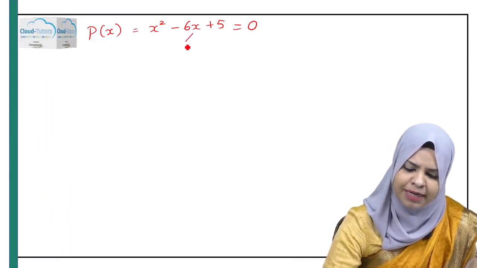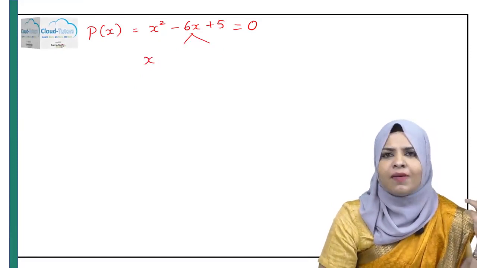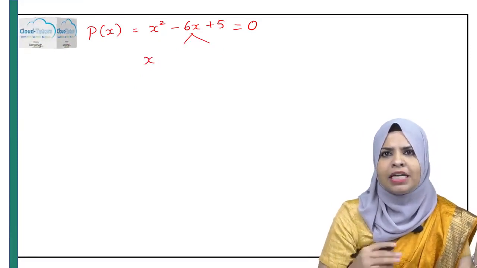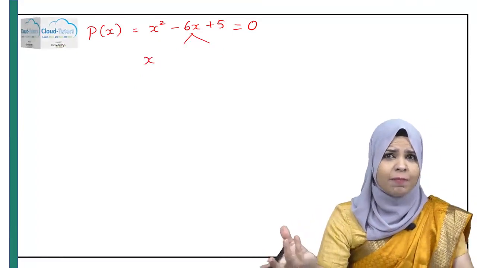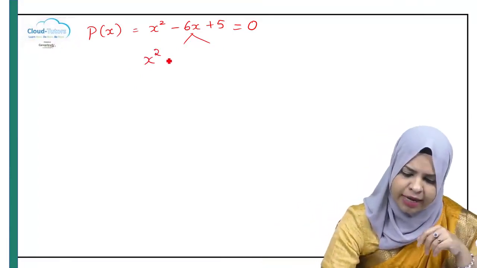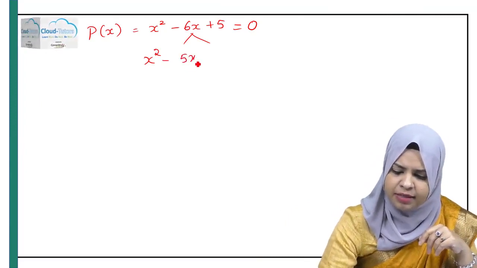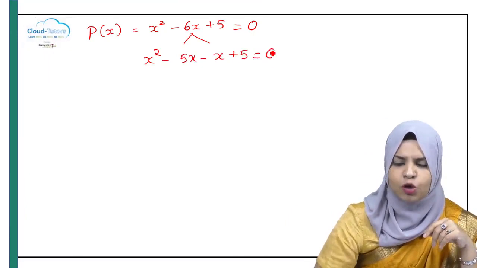We set this equal to 0. So let's split 6. We can write 6 as minus 5 and minus 1, right? Minus 5 into minus 1 is plus 5. But when I add it up, minus 5 and minus 1 will give me minus 6. So x square minus 5x minus x plus 5 equal to 0.